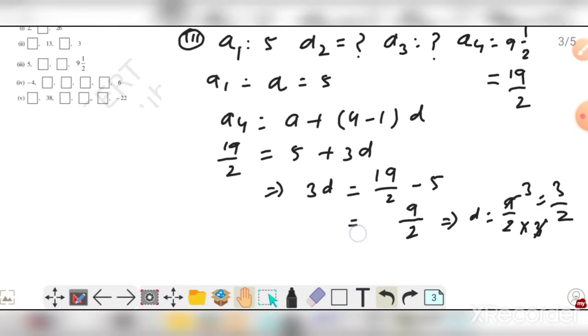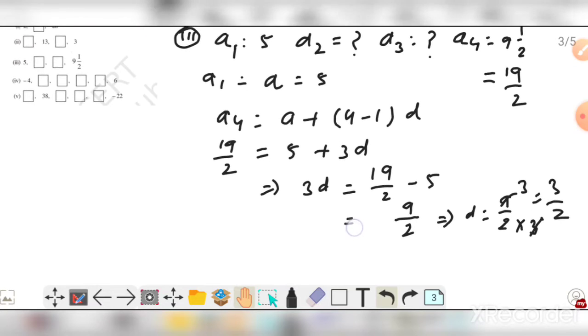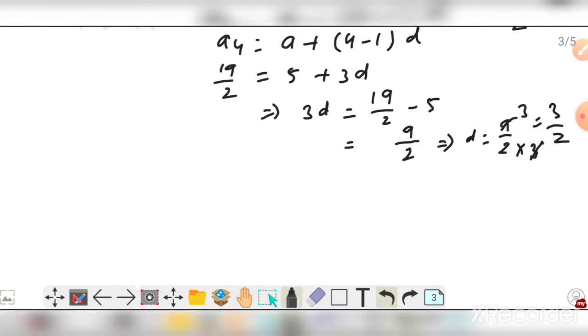Understanding? And we have to find out A2 and A3. D we got, so we will find out A2 here. A2 is equal to A plus D. A is given 5, plus 3/2. So this will be 13/2.